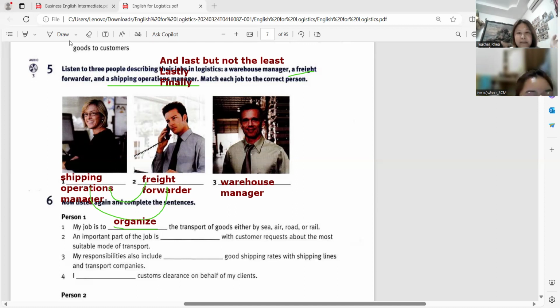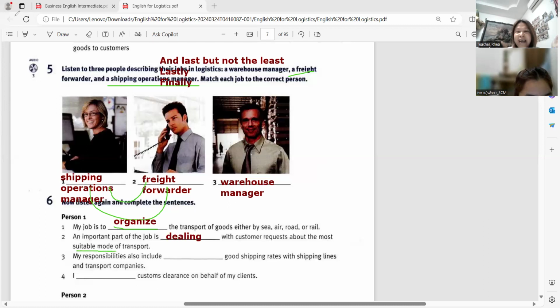An important part of the job is dealing with customer requests about the most suitable mode of transport.